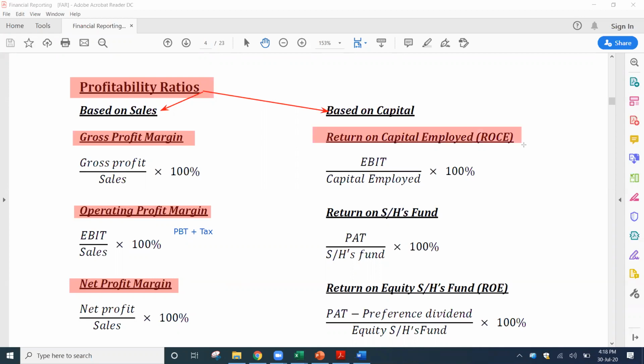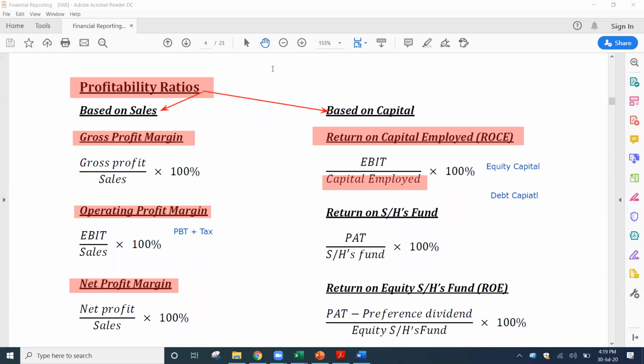Okay. Then the profitability based on capital. Mainly we have ROCE, return on capital employed. So what is meant by capital employed? Capital employed has 2 parts: equity capital and debt capital.